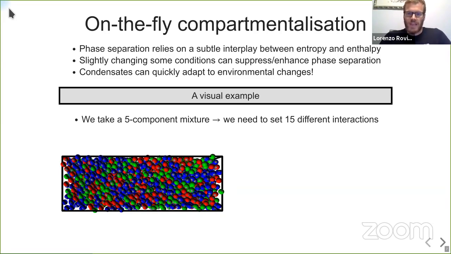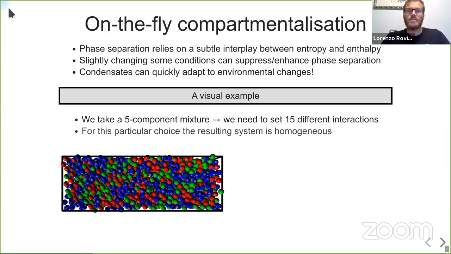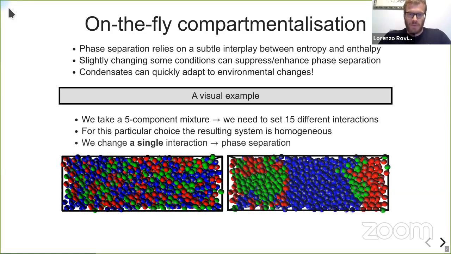But essentially, you have to set 15 different mutual interactions between them. And you see that under these conditions, which of course I've chosen carefully, the system is homogeneous. Then if I change a single interaction, the way 2 of these species interact, then boom, this is the same system. Just let it simulate, and you'll see that these compartments appear.